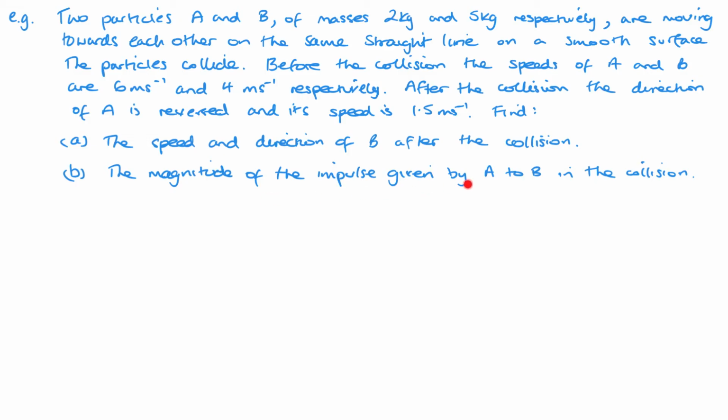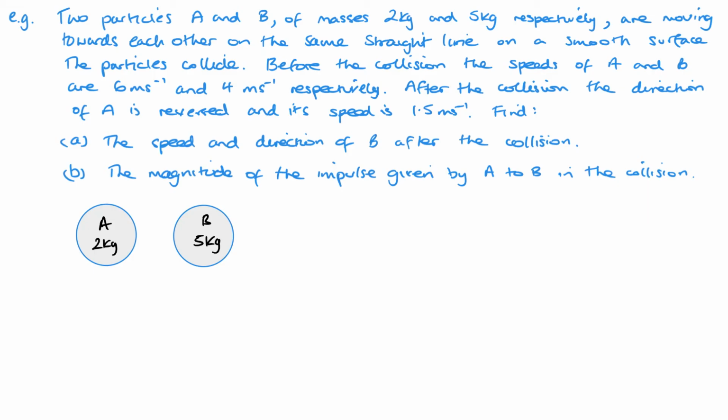So when we think of this impulse of A to B, it would be the same as B to A, wouldn't it? Equal and opposite forces there, so that impulse will be the same whichever way around we look at it. So if I think before the impact, we've got particles A and B. Okay, and these are 2 kilograms and 5 kilograms, and they're moving towards each other.